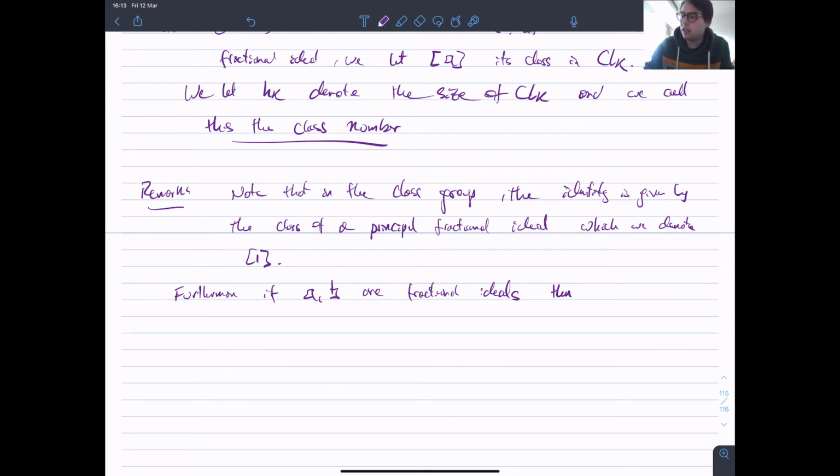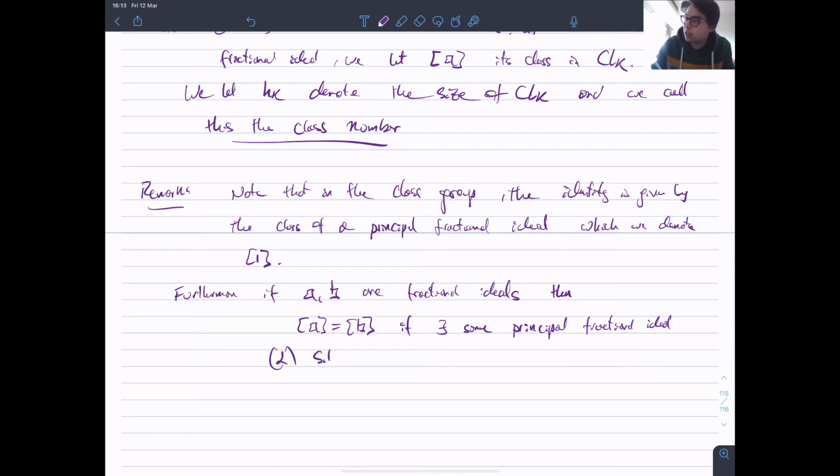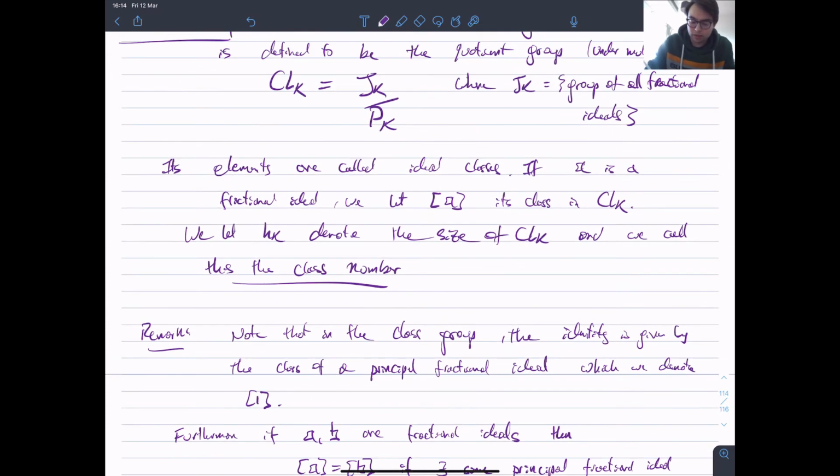So if I have two fractional ideals, what does it mean for them to have the same class? This will be the same thing as there existing some principal fractional ideal, say (alpha), such that one ideal is the product of (alpha) times B. So if as ideals they differ by a multiple of a principal ideal, then their classes will be the same, because I've quotiented out by the principal ideals.